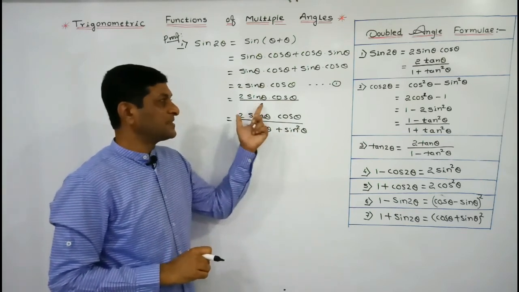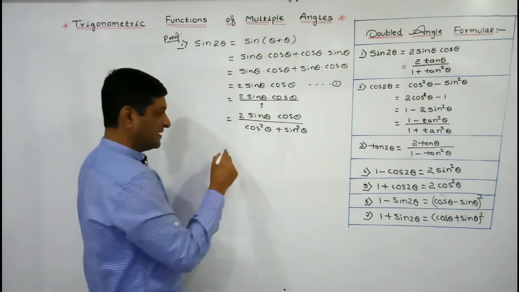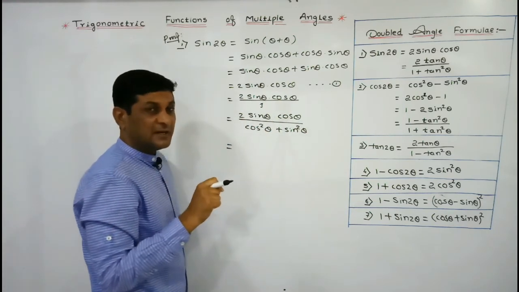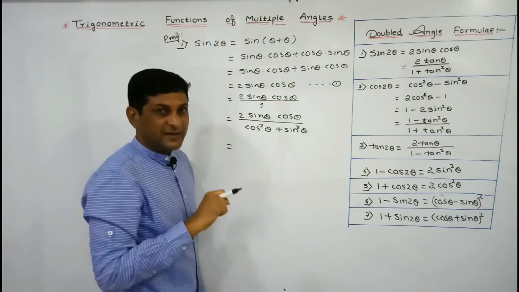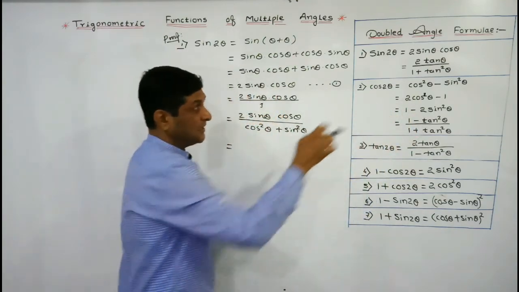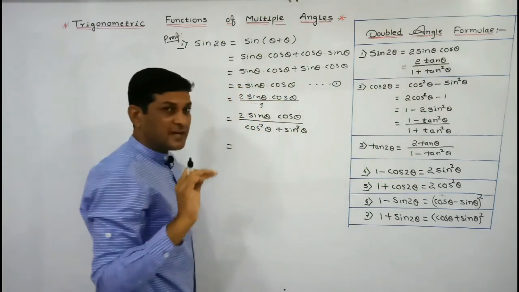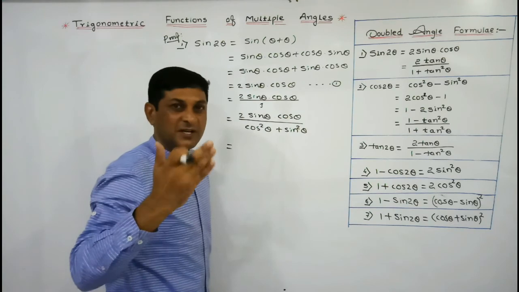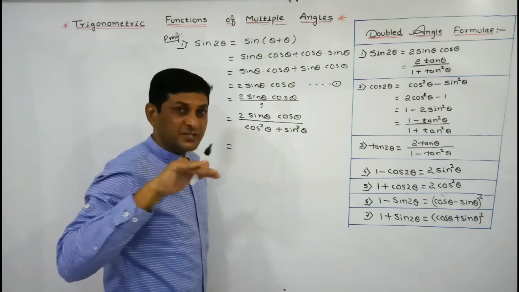So cos square theta plus sine square theta will be equal to 1. Now I am dividing the numerator and denominator by cos square theta, so that we are able to convert this expression in terms of tan. Because tan means what? Sine upon cos. Tan theta can be expressed as sine theta upon cos theta, means what is in the denominator?